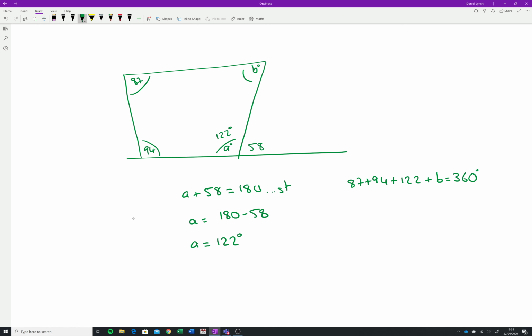If you've got a quadrilateral, a 4-sided shape, you're dealing with 360 degrees. So we can just add up everything on the left there. 87 plus 94 plus 122 is 303, plus B is equal to 360, and you just subtract 303 from both sides. So that gives 57 degrees. Nice and simple. So that's that one. Nothing too tough there, I don't think.